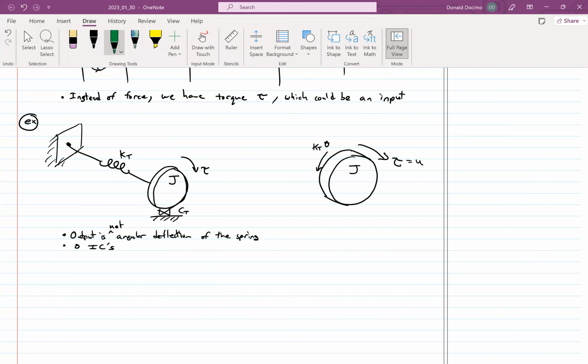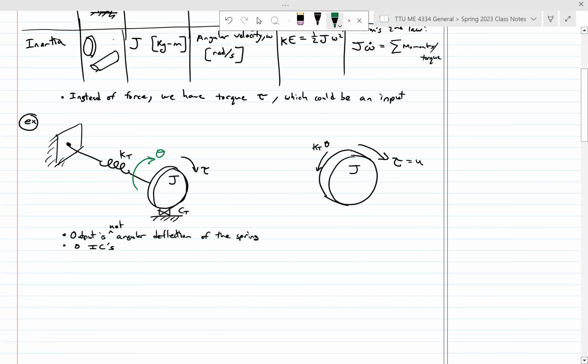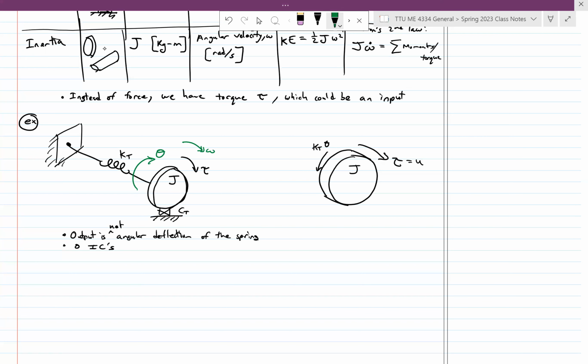You guys are going with the direction of the torque. So this is theta. All right, what about omega? Same direction? Sure. It doesn't matter. You just need to be consistent here, right? That's the key. But you guys haven't actually defined theta yet, so we might as well do that.